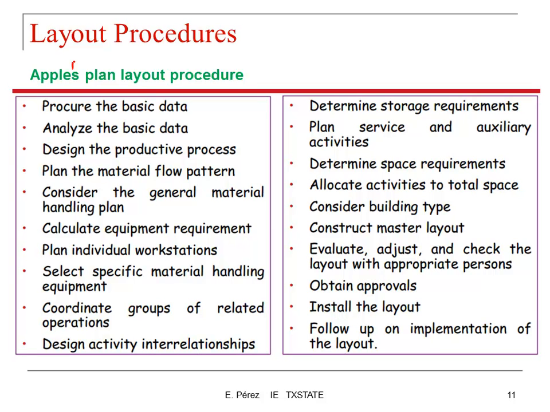Design the productive process, plan the material flow pattern, consider the general material handling plan, calculate equipment requirements, plan the individual workstations, and so on. So you can read through this. You don't need to memorize this for the exam. I'm just giving you an example here. Different companies might have different ways to do this type of planning.